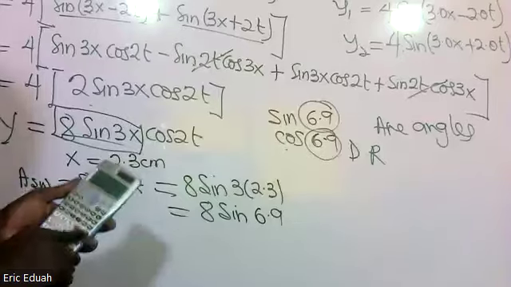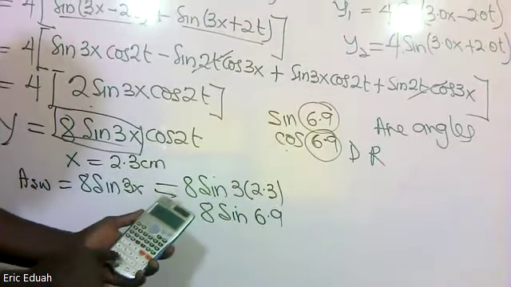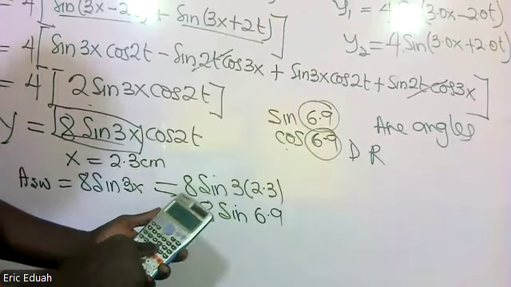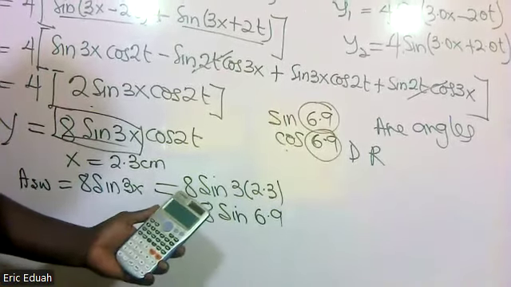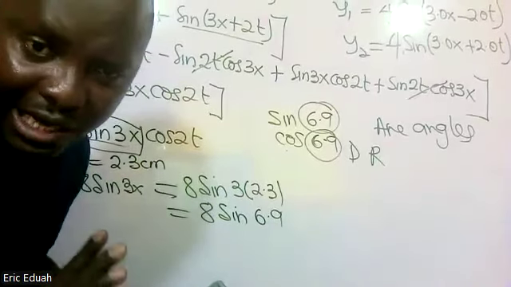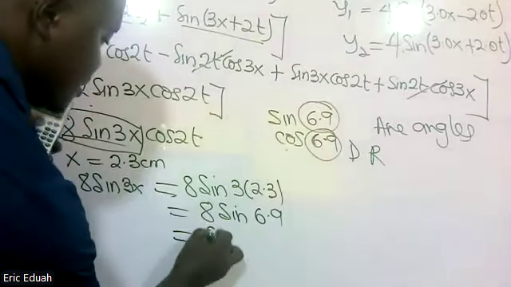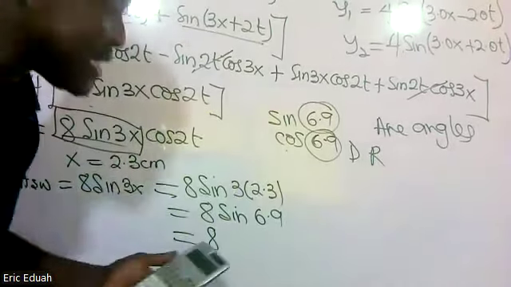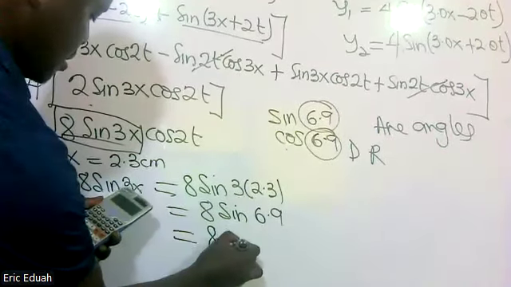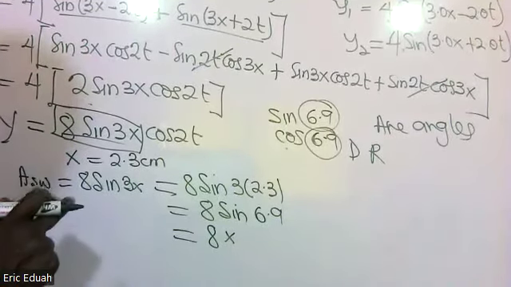So you first punch sine 6.9, and that is giving us 0.5784. Are you getting the same value? Punch sine 6.9 first.